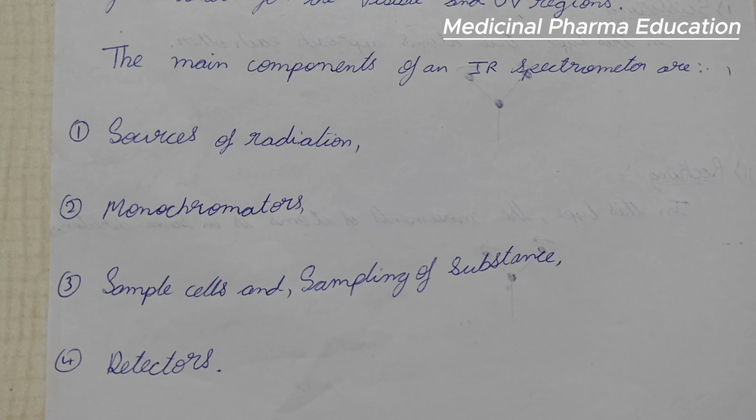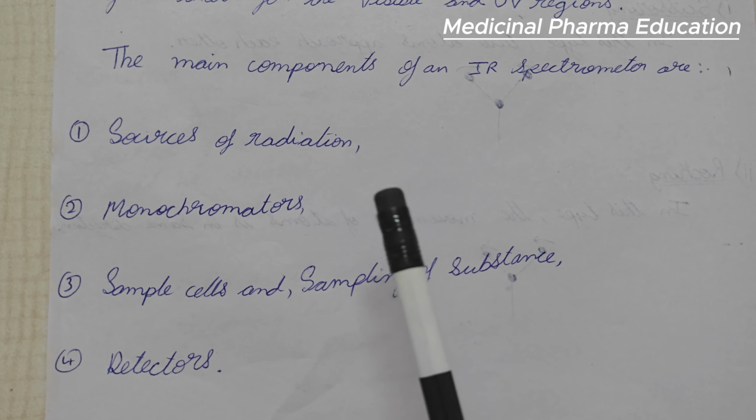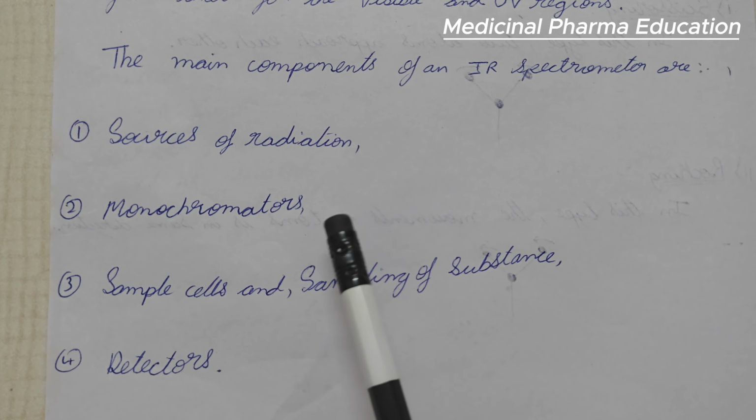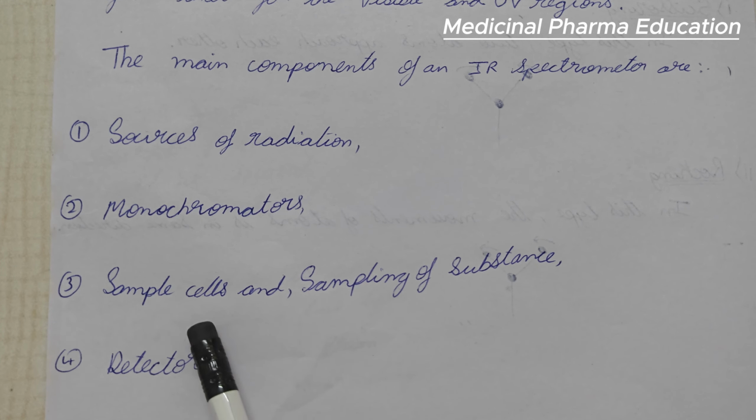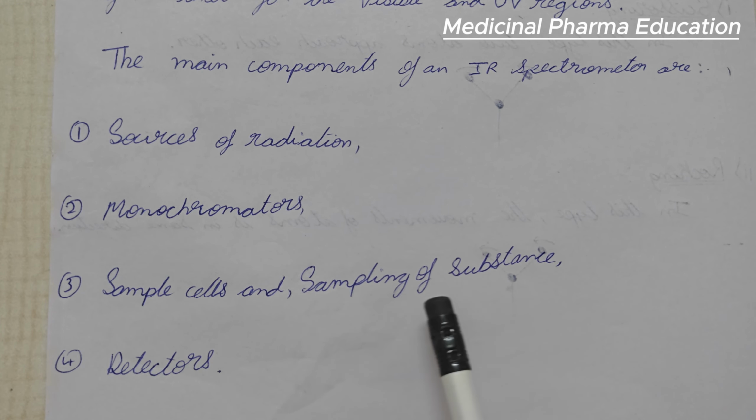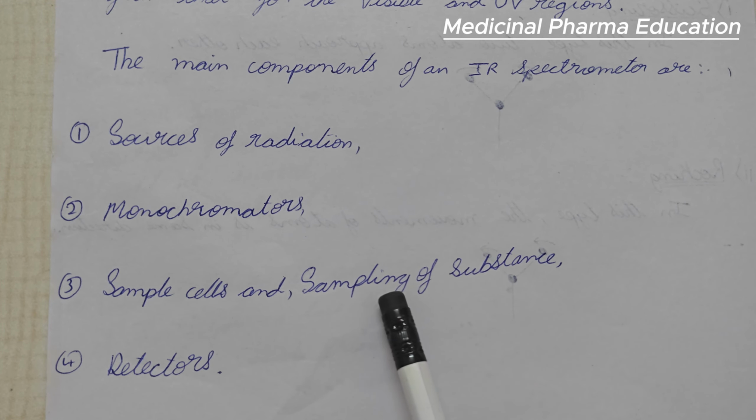Now we'll go with the instrumentation. It contains the source of radiation, monochromators, sample cell, and sampling system. Sampling is a process of converting the sample, whether it may be liquid, solid, or gas, into a favorable form where we can analyze the sample.